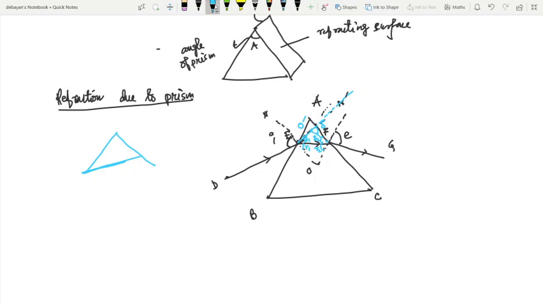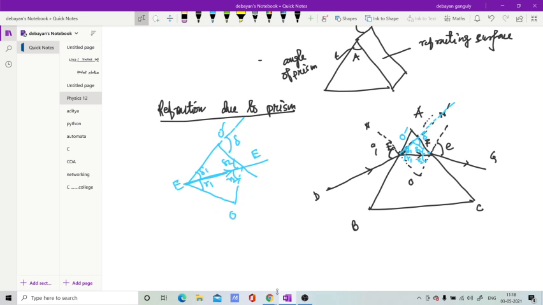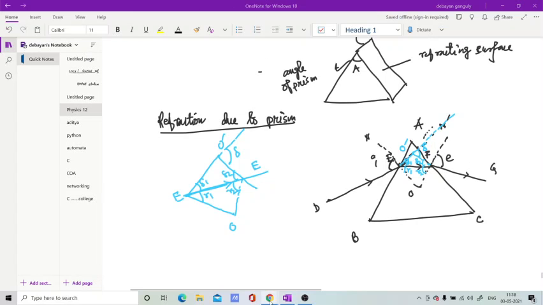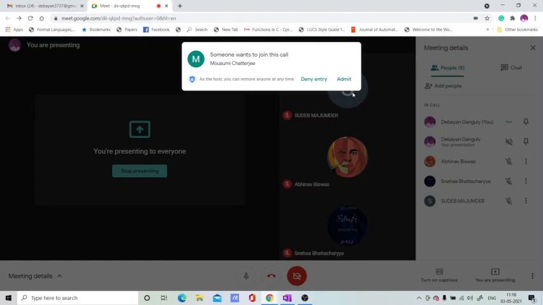We are taking this angle as delta, and these two angles are delta 1 and delta 2, and this is r1 and this is r2. That is the pictorial diagram of this figure.